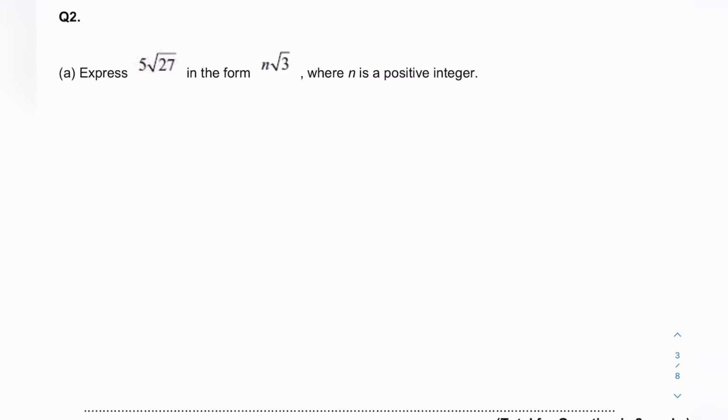Question 2 again is asking us to express 5 root 27 in the form n root 3, where n is a positive integer, so a positive whole number. So again, I'm just going to look at the root 27 part to begin with. Again, we're looking for a square number which is a factor of 27. So that must equal root 9 times 3.